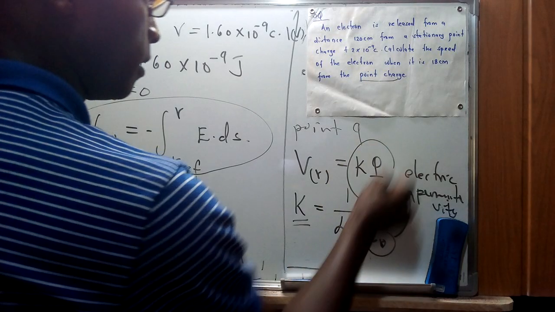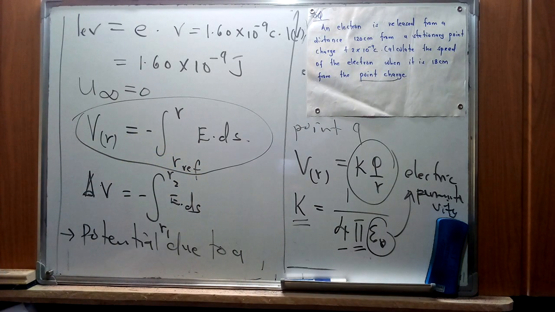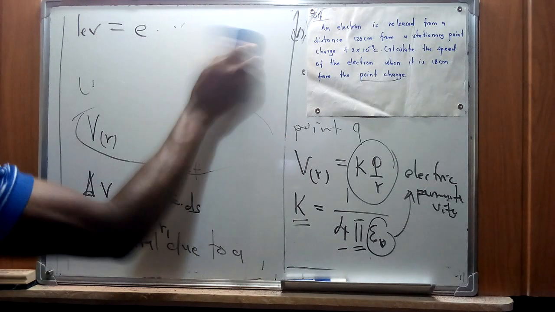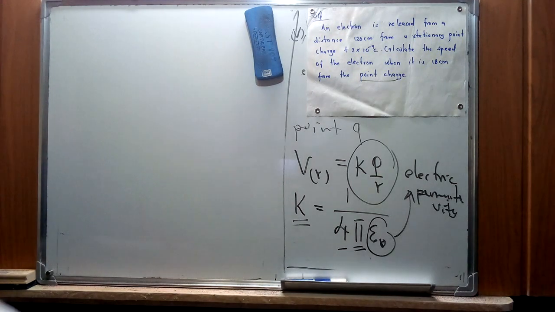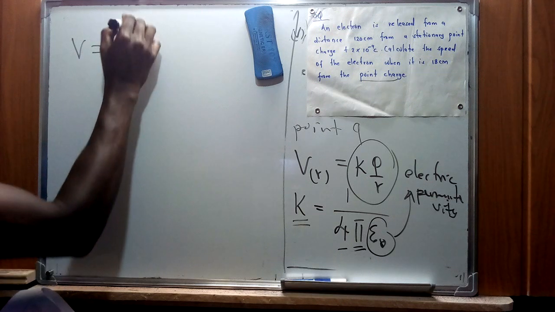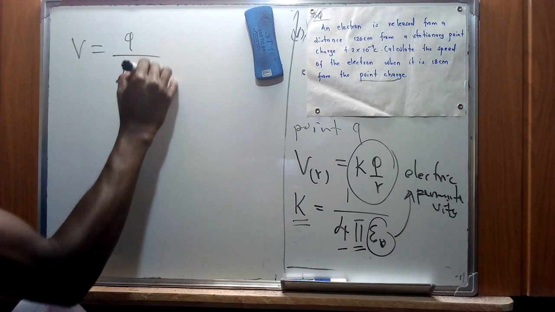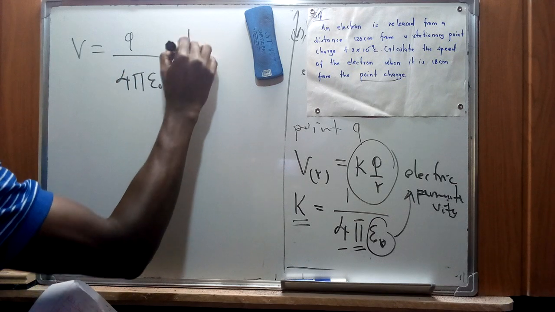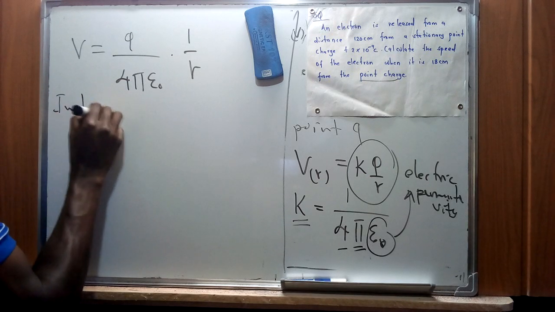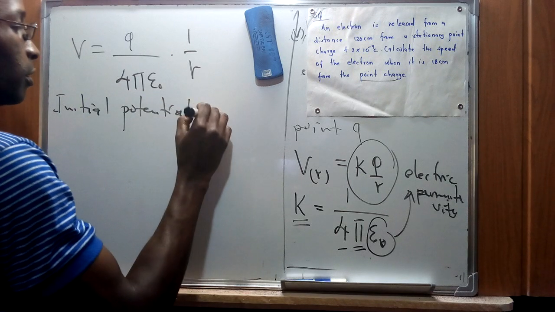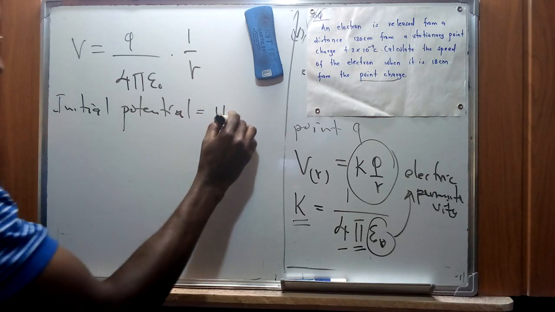So therefore, we can give our potential as KQ over R. We can expand that formula using that form of K, by having V generally represented as Q over 4 pi epsilon naught R. So for the point of reference, the initial point for our case, the initial potential, this is U1.